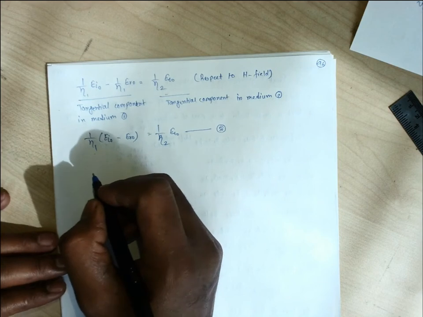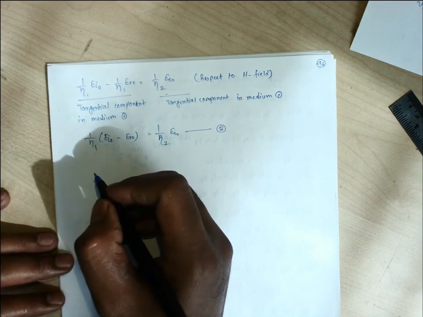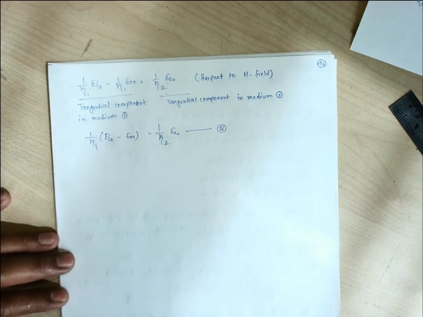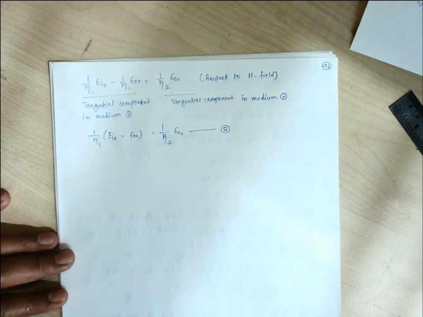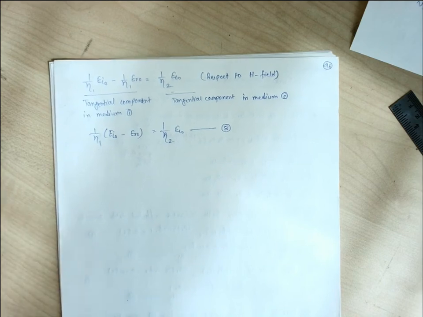So from here we can find out the ratio between the reflected and incidence, whatever we have found for the normal incidence. For this oblique incidence also we can find out the ratio between the reflected and incident at the interface.